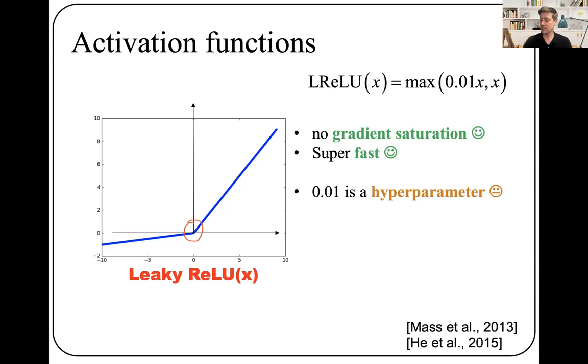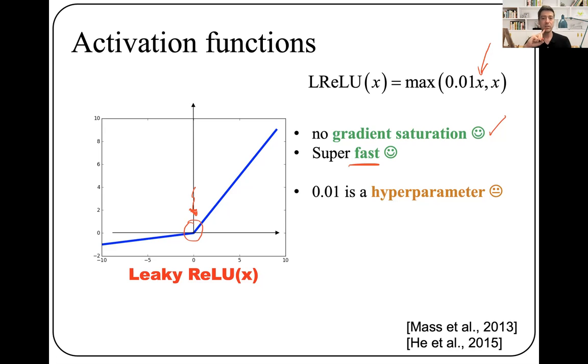But you can notice that the gradient will never be zero unless you are exactly at this position, but that rarely happens in practice, okay? So we have a non-saturating gradient. We solve the problem of a dying neuron as well. And we also have a super fast function because, as before, we have very simple operations.